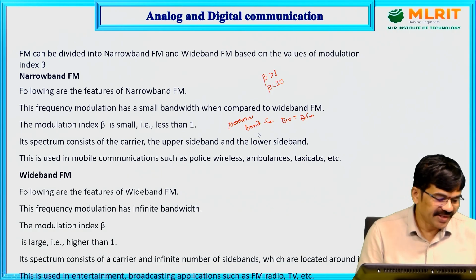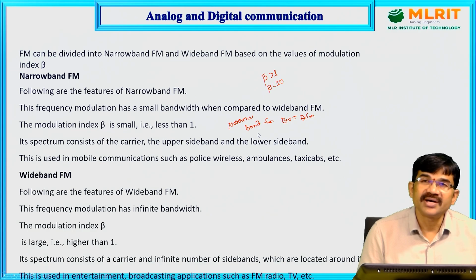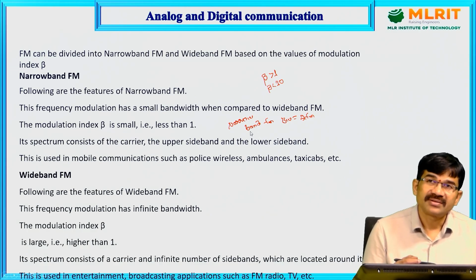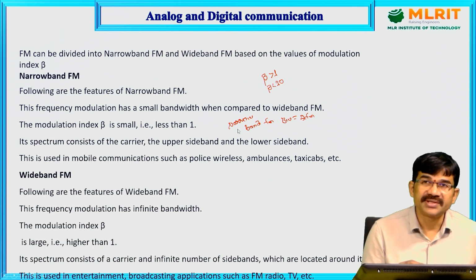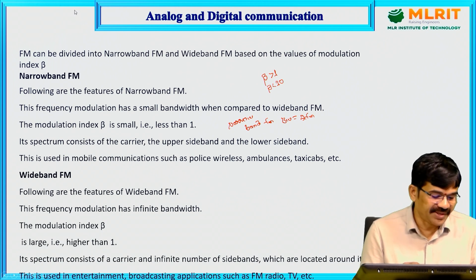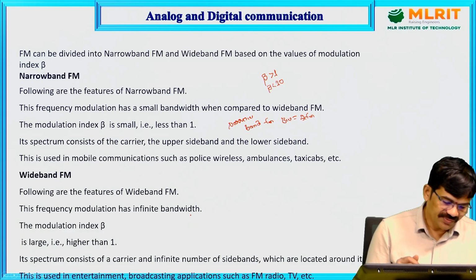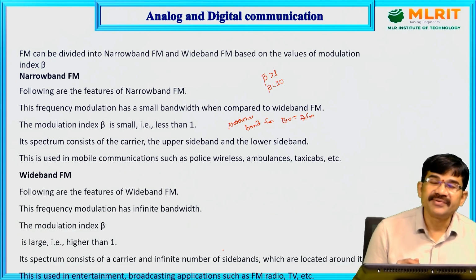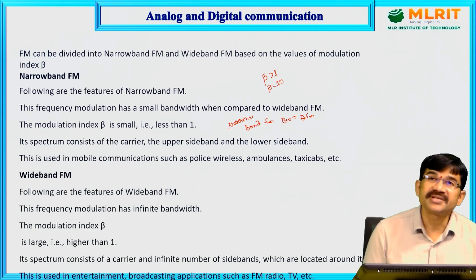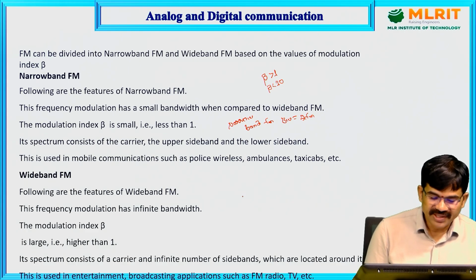Coming to wide band FM, the beta value is far greater than 1, generally greater than 10. Wide band FM has an infinite number of sidebands, so the bandwidth is very high. The bandwidth for wide band FM is calculated as 2 into del f.